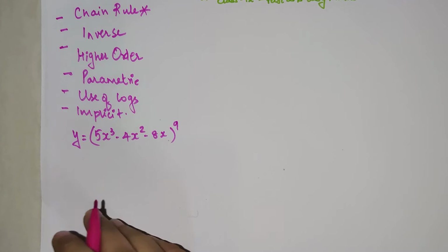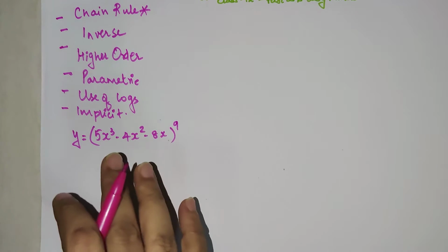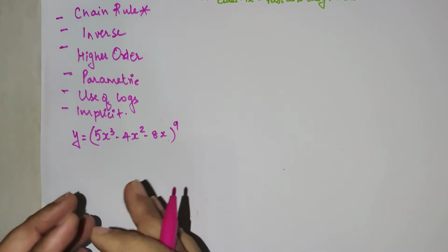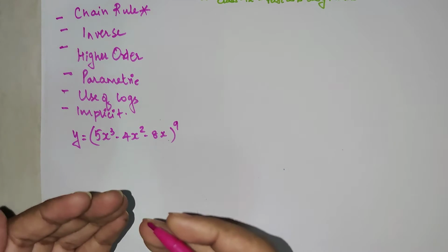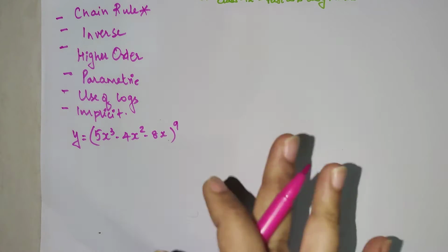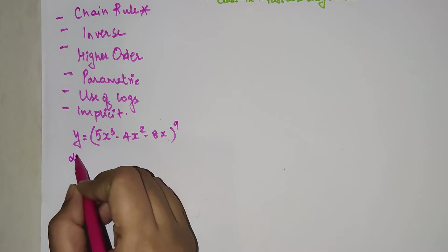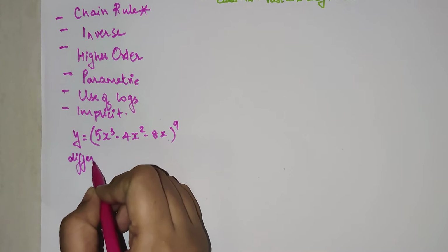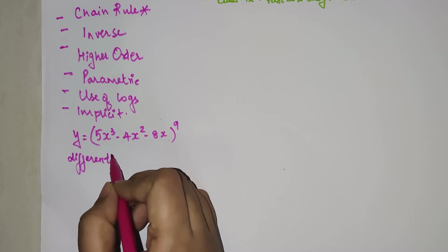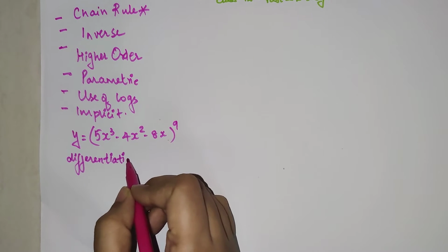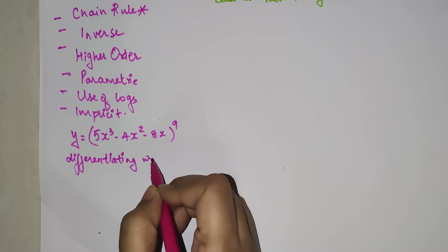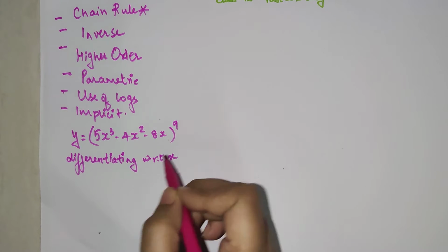Students, please understand, here I am going to also show you how to write or how to actually present this particular question if this was asked in your paper. Okay, how to present it in your paper. So first thing you will write is differentiating with respect to x.